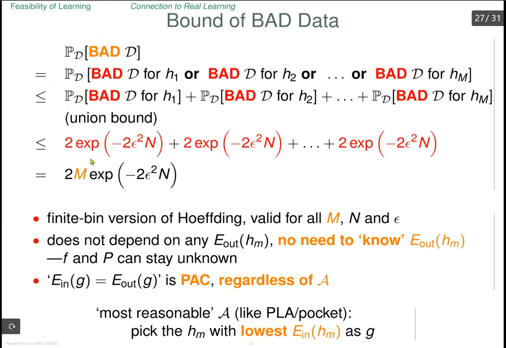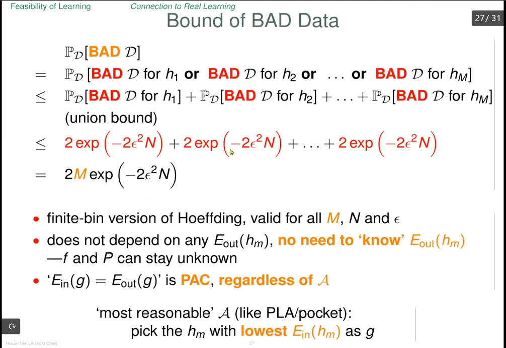And then what we do is simply apply Hoeffding's inequality for each hypothesis: 2 exponential, first hypothesis, second, third, up to M. So the sum will be equal to 2M exponential of negative 2 epsilon squared N. So the extended Hoeffding's inequality for multiple hypotheses can be written as 2M, considering the worst-case scenarios. This is a finite-bin version of Hoeffding, again valid for all M, N, and epsilon.